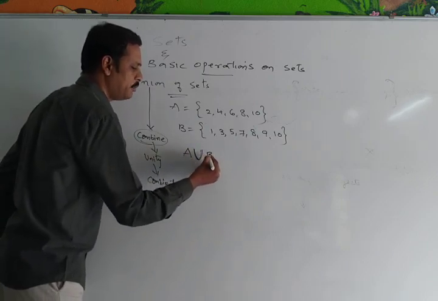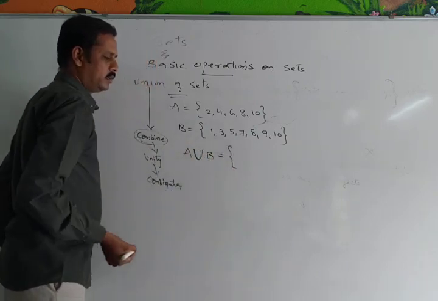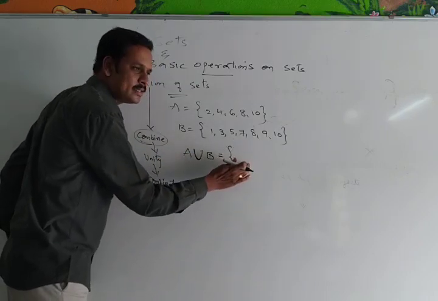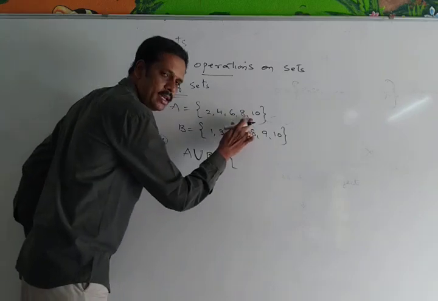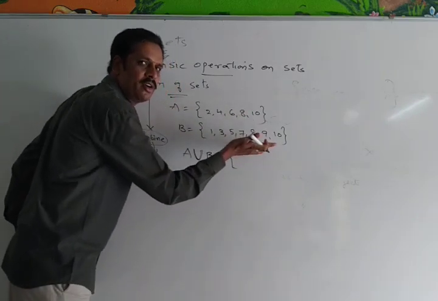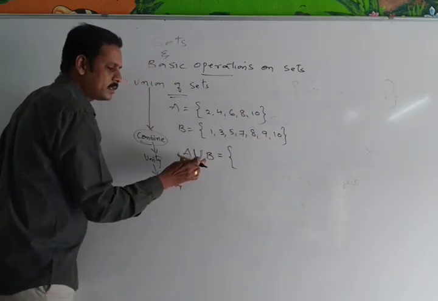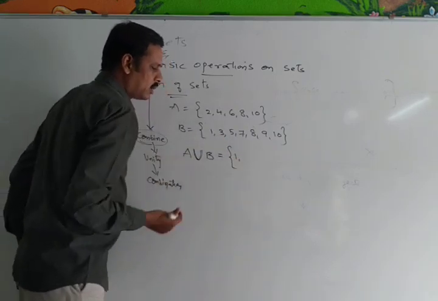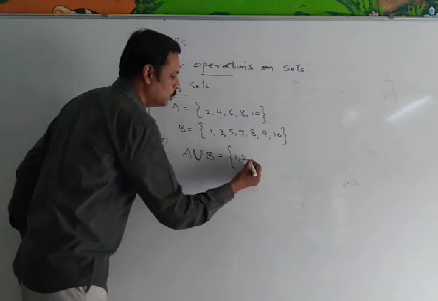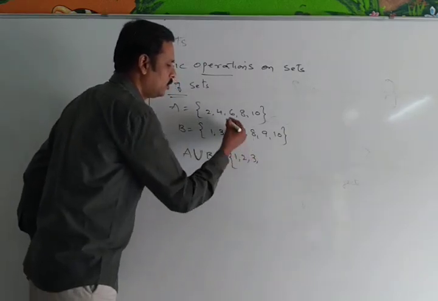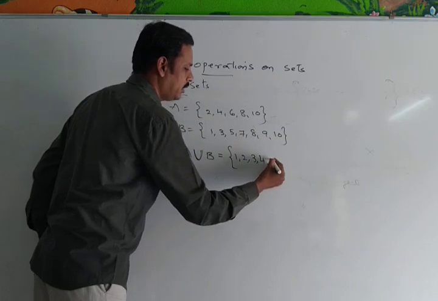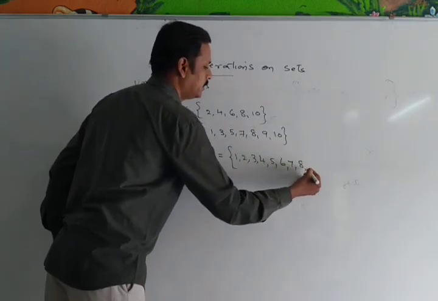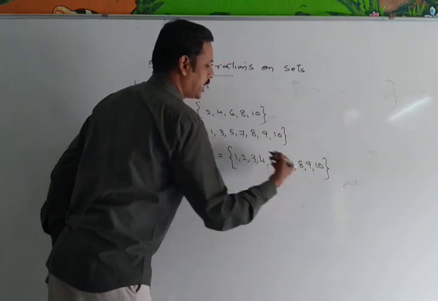A union B is a set which contains the elements of A as well as the elements of B. So what are the elements now in A union B? I will be writing in the order 1, 2, 3, 4, 5, 6, 7, 8, 9, 10.